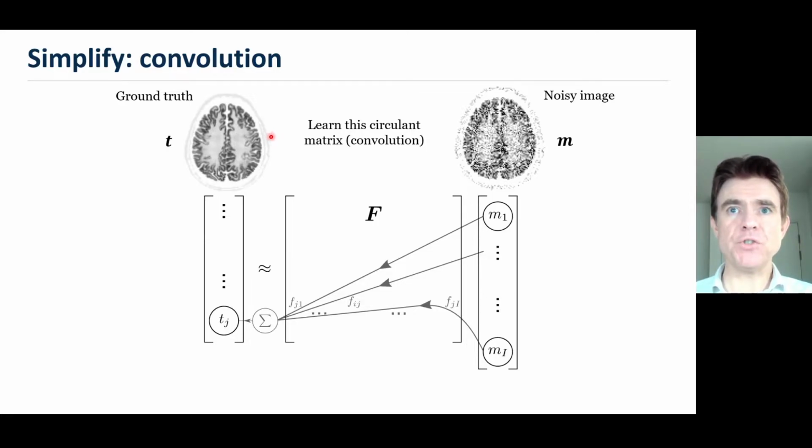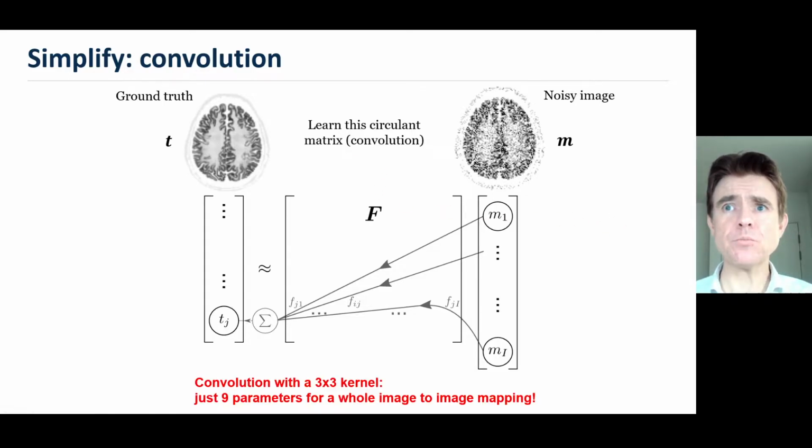So we've already seen that a large matrix F could do a mapping from one image to another, or from a sinogram to an image. But here, we're just now going to use image to image and get away, therefore, with just a convolution.